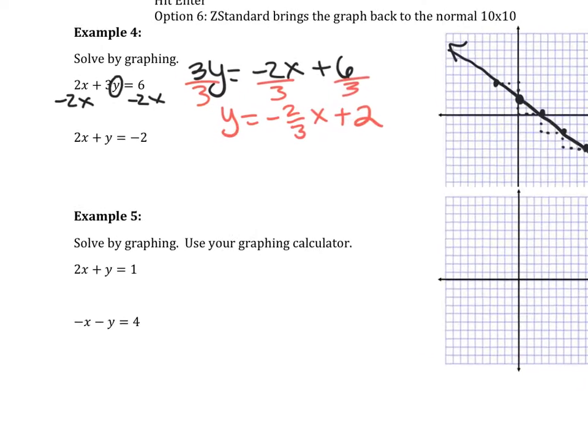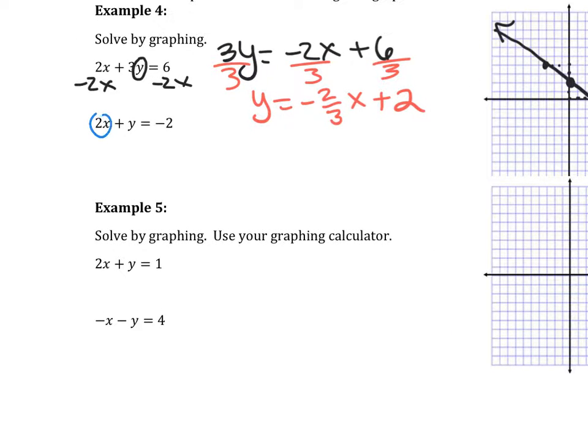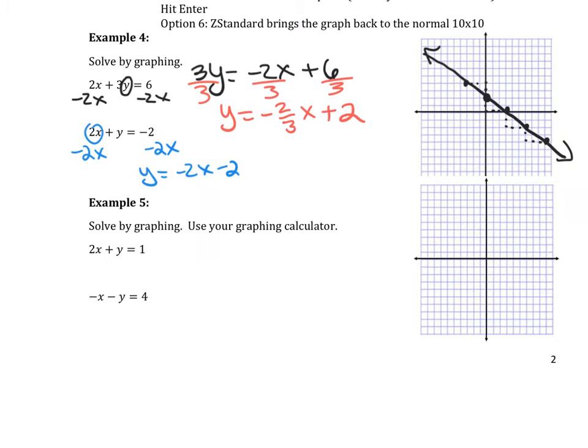Then our second equation, to get y by itself, we just have to subtract 2x from both sides. So our second one has a y-intercept of negative 2 and a slope of negative 2. So down 2, right 1, down 2, right 2.